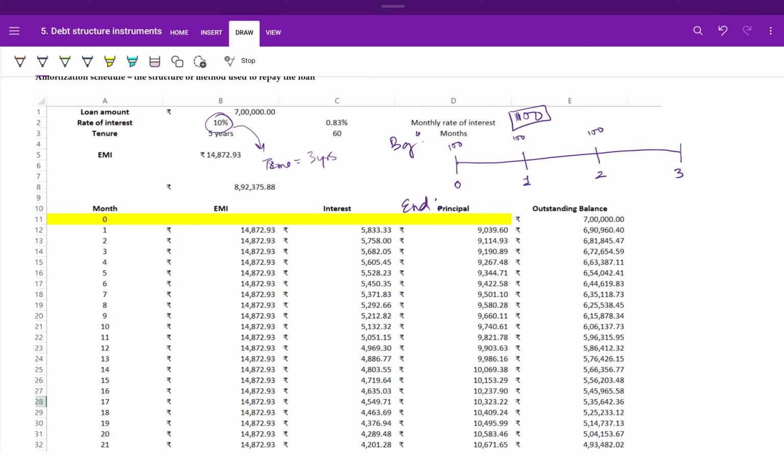But if you are going to pay somebody 100 rupees at the end of the period, that's going to make a considerable difference in the time value of money. The time value of money concept helps us understand this problem.